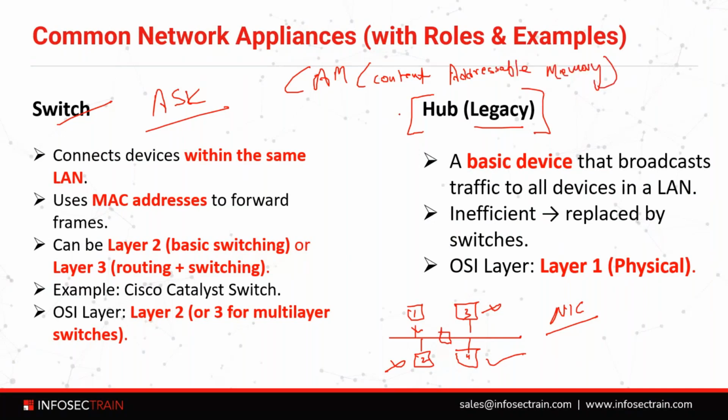Now in this table, the MAC address and port number are written. MAC address A, port number 1, MAC address B, port number 2, MAC address C, port number 3, MAC address D, port number 4, right?